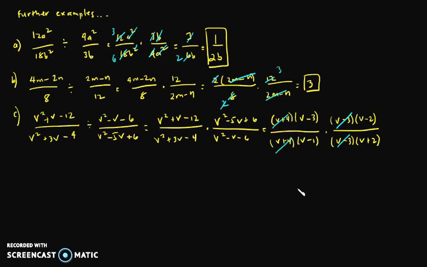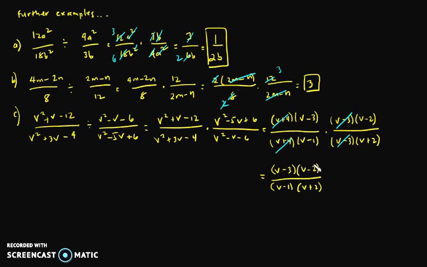Okay, I guess there's none left, so the final answer would be b minus 2 over b plus 2.